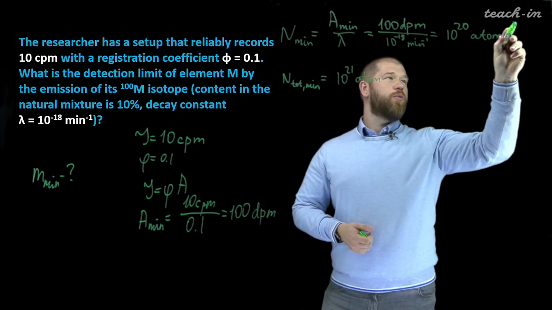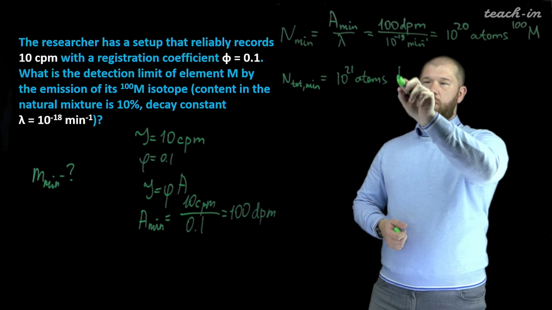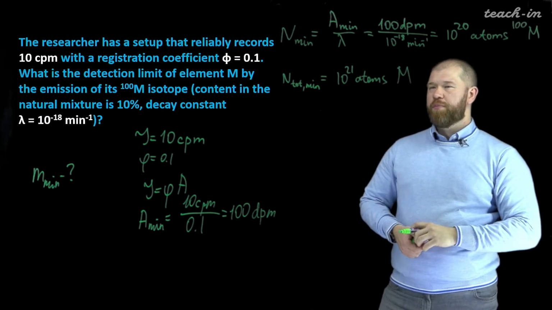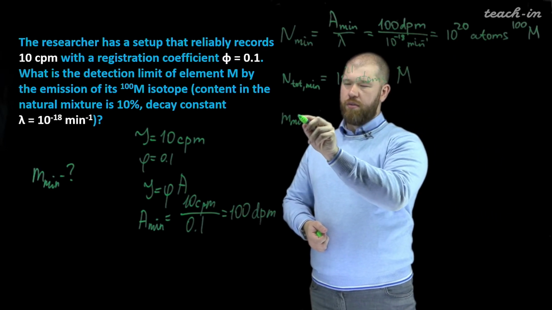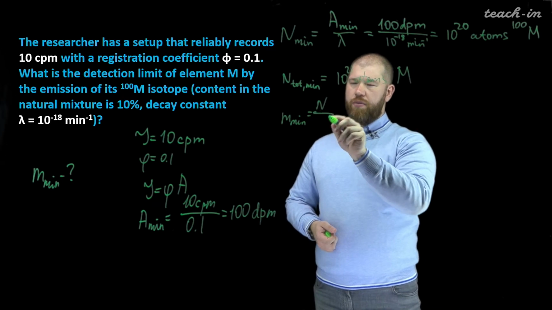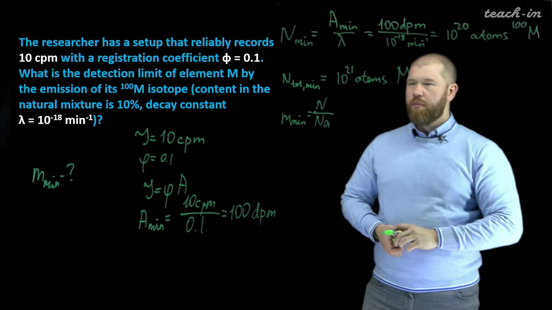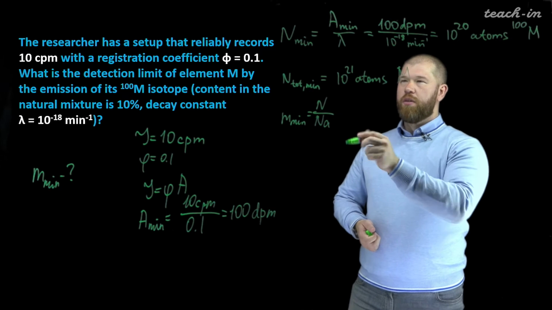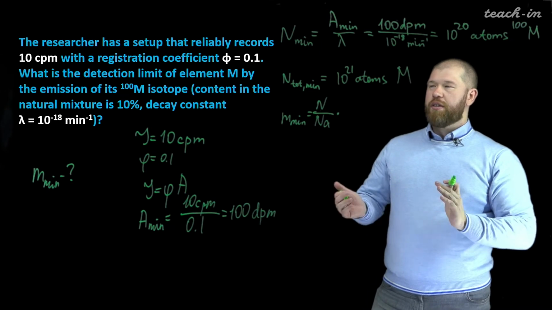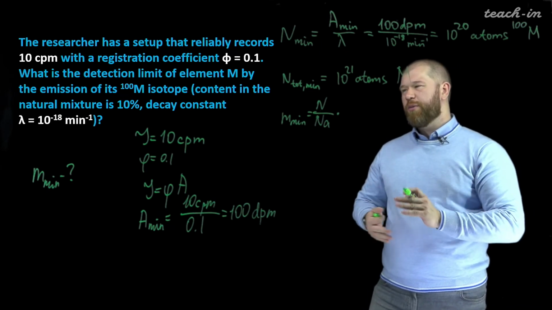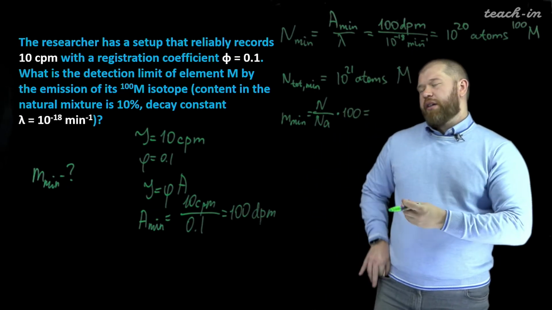So this is atoms of the specific isotope, and this is atoms of the whole element M. So from this we can calculate the minimum mass as the number of these atoms divided by the Avogadro number, with multiplication by the atomic mass, and let's assume that the average mass is also equal to 100, or very close to 100.